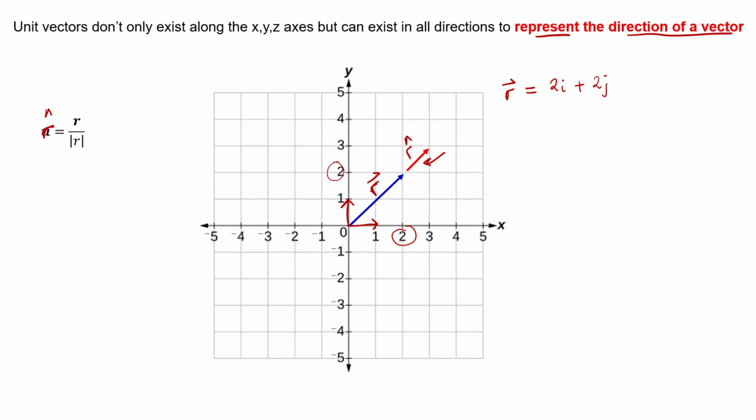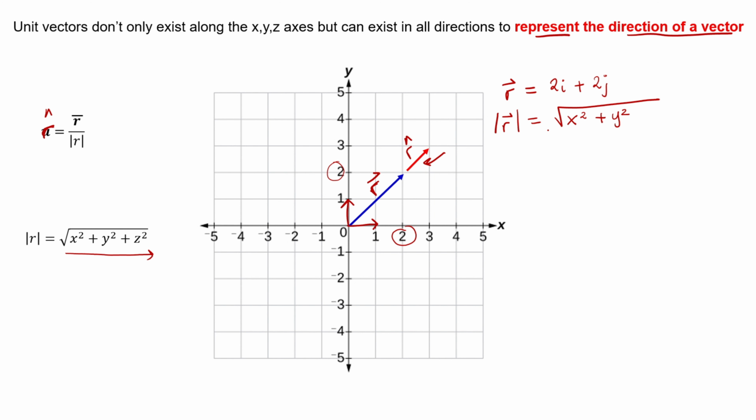With my vector r given by 2i plus 2j, I can also find its magnitude. Remember, to find the magnitude of a vector, you apply Pythagoras' theorem, whereby you find the square root of x squared plus y squared plus z squared. So in this case, I have to find the square root of the x component of r squared plus the y component of r squared. We don't have a z component here.